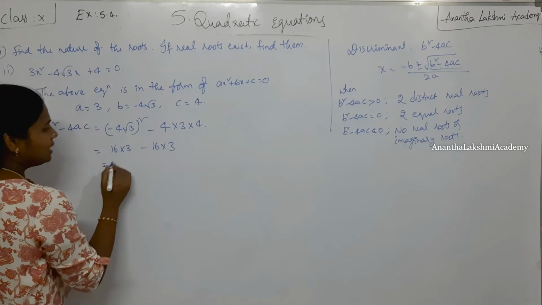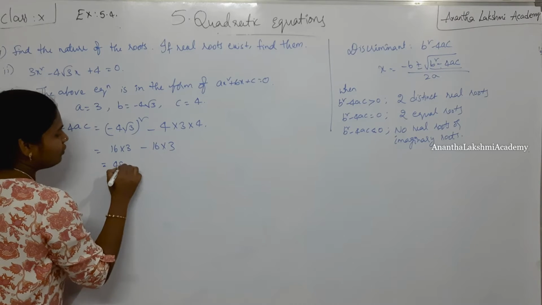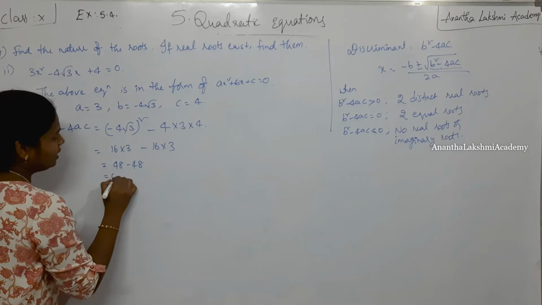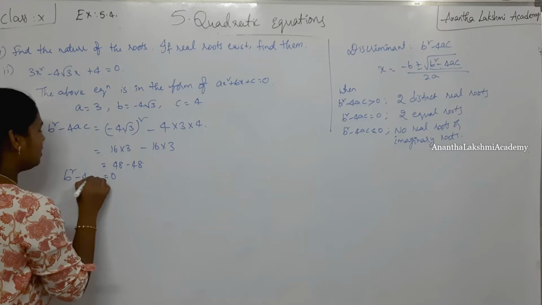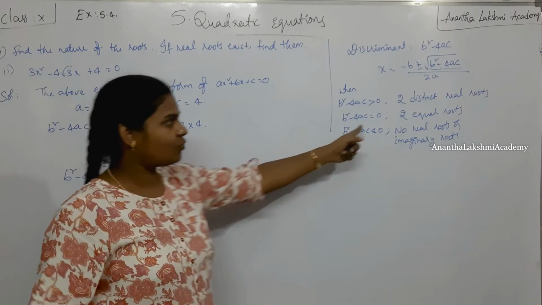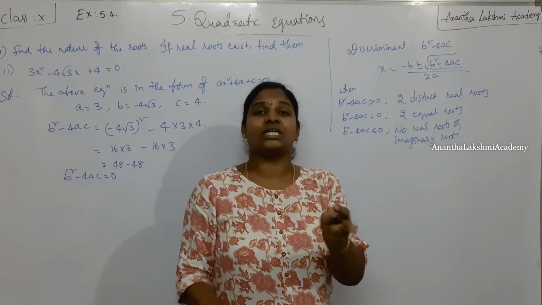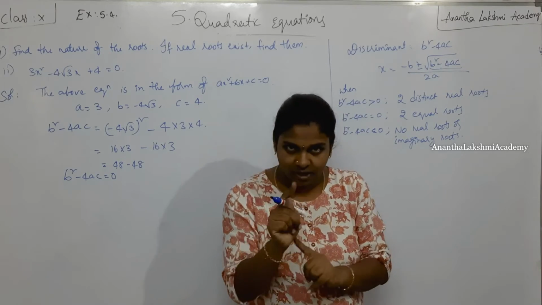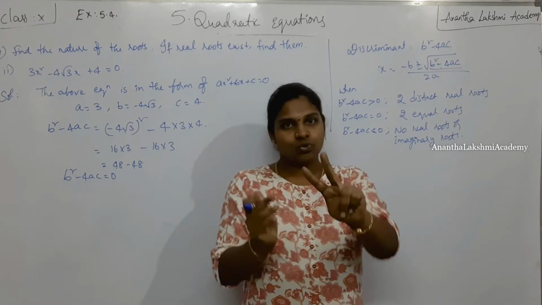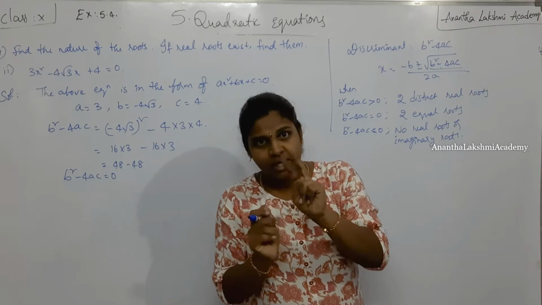So what is 16 into 3? 48. 48 minus 48 is nothing but 0. Now b square minus 4ac is 0. From the concept which we have learned, we are going to have two equal roots. Even though you figure out only one root, you have to write that root two times because we are going to have two equal roots.